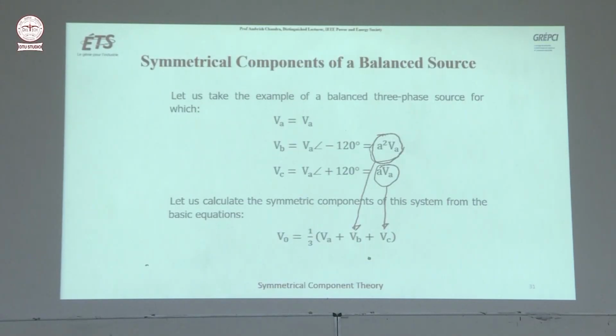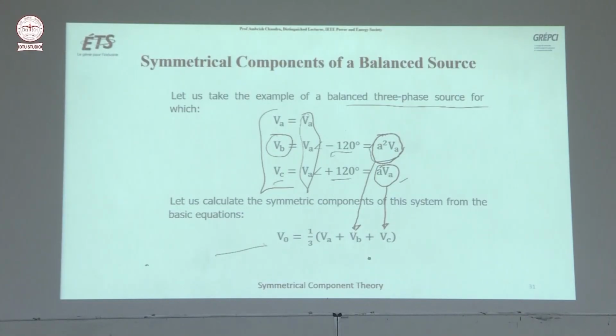Now if you have a balanced three-phase source, these are the equations you can write: same amplitude, 120 degrees apart, VB equal to A square VA, VC equal to A VA.